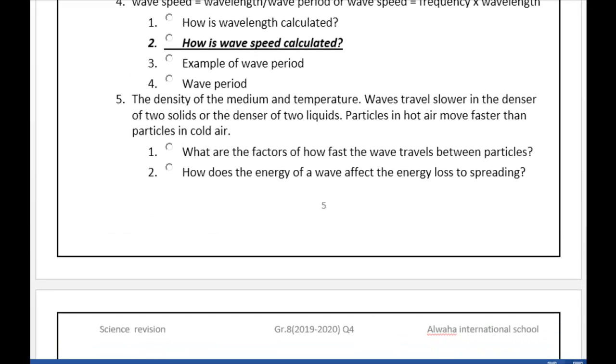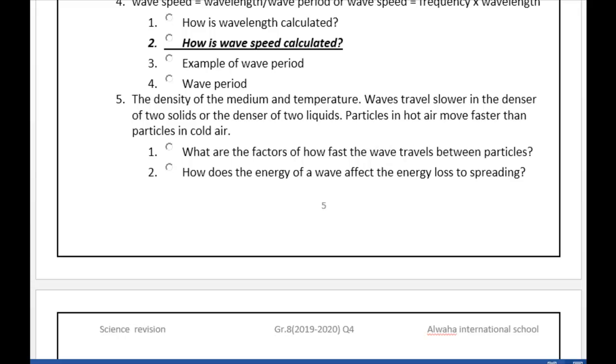Number 4, wave speed equals wavelength divided by wave period, or wave speed equals frequency times wavelength. Is this how the wavelength is calculated, how the wave speed is calculated, or examples of wave period? So the answer will be number 2. How is the wave speed calculated?